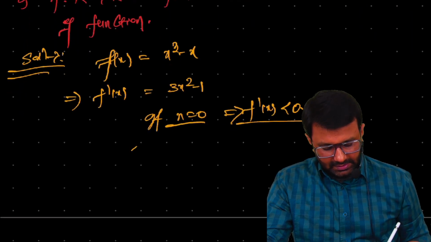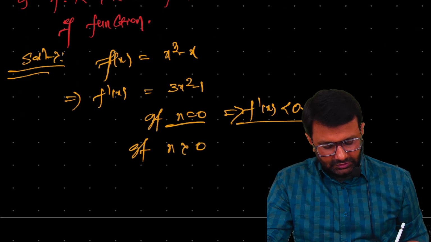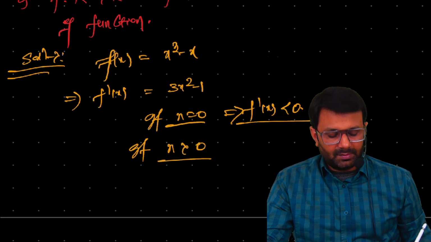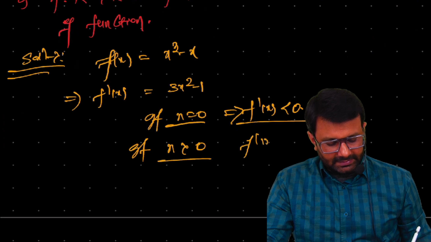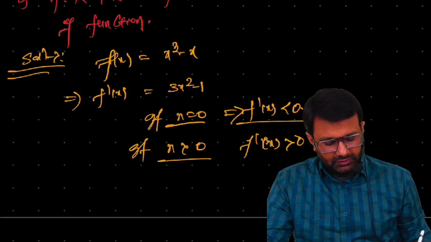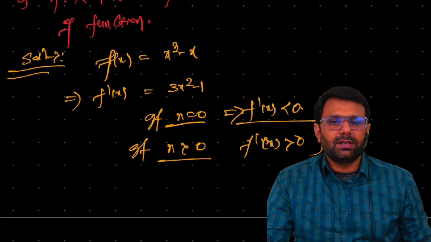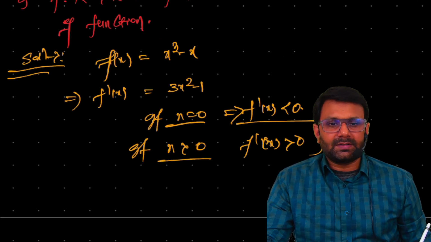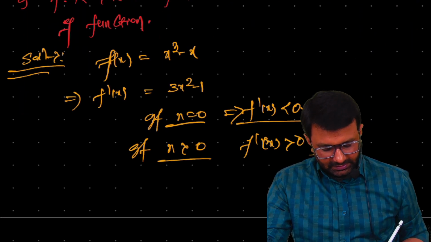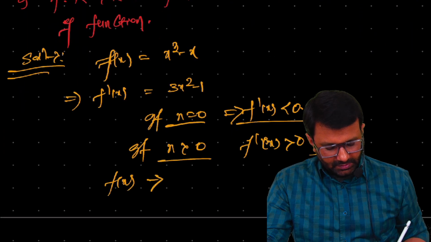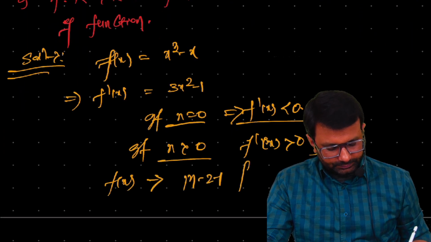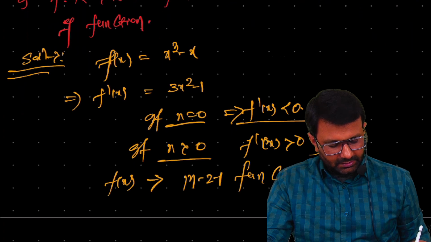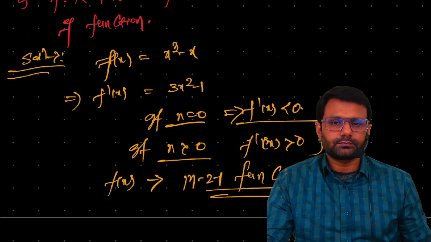And if x is greater than 0, I am putting 1, so f dash x is greater than 0. So f dash x is conditionally positive and negative. So f(x) is a many to one function.